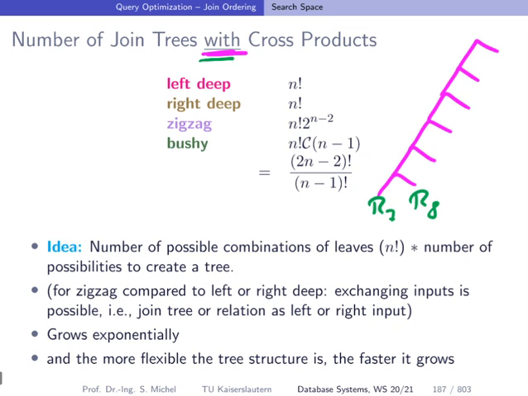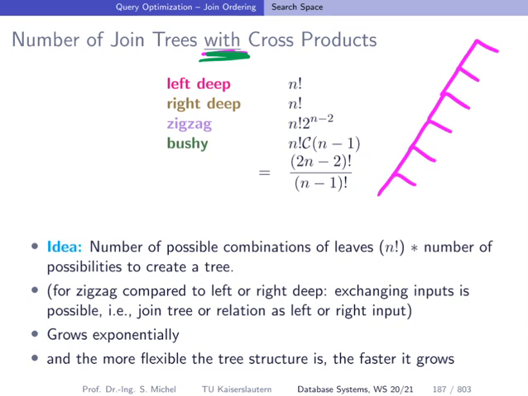But since we allow cross products, we have the full variety of n factorial assignments. Okay. For right deep, it's the same, because there's only one way right deep trees look. And we have again n leaves, so we have again n factorial ways to assign the relations to the leaves.